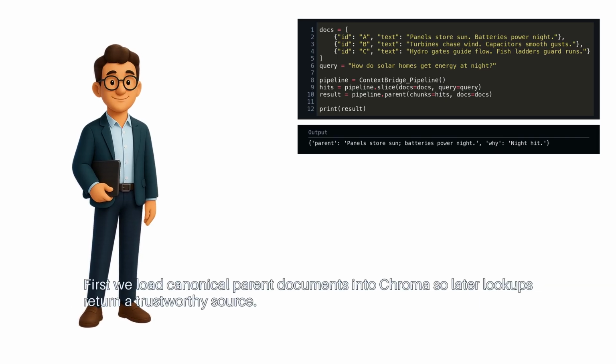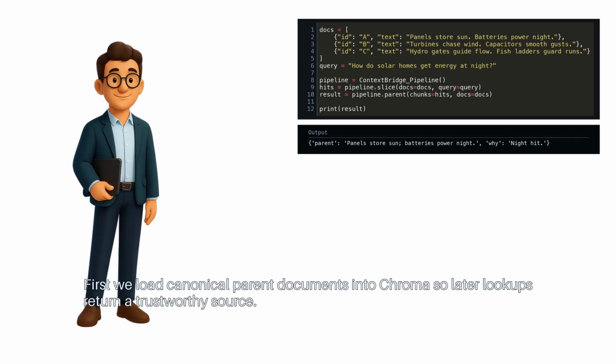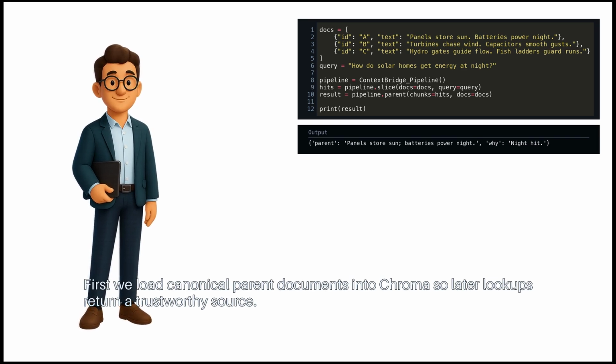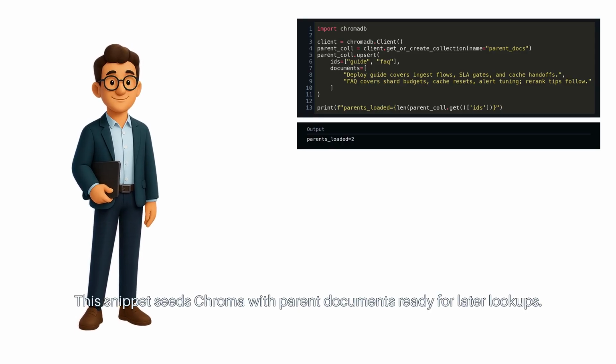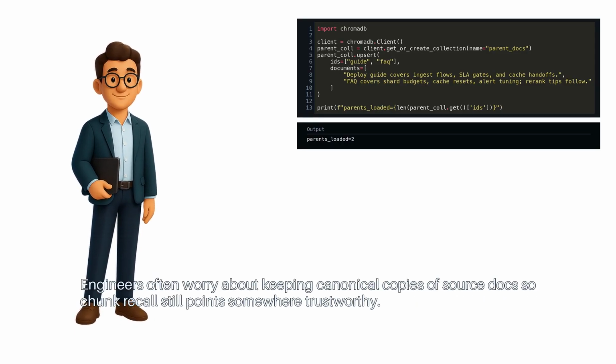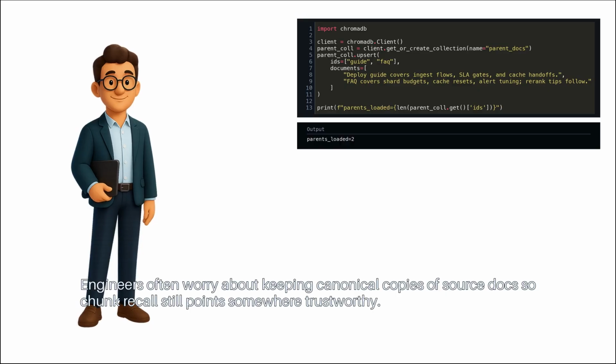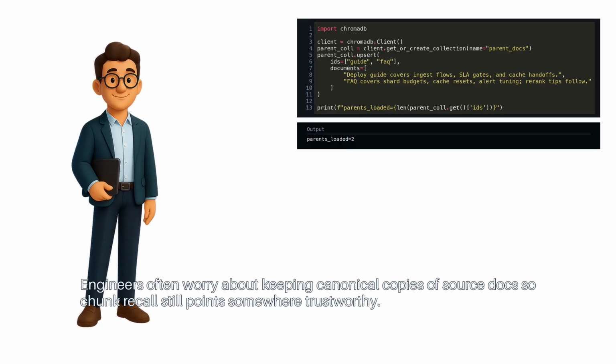First, we load canonical parent documents into Chroma, so later lookups return a trustworthy source. This snippet seeds Chroma with parent documents ready for later lookups. Engineers often worry about keeping canonical copies of source docs, so chunk recall still points somewhere trustworthy.